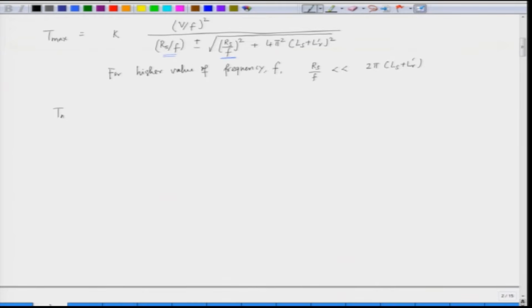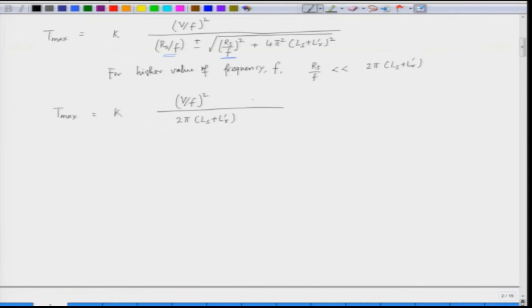So, T max is equal to some constant k (V by f) square divided by 4 pi square (L s plus L r prime) square under root. So, this is 2 pi into (L s plus L r prime).